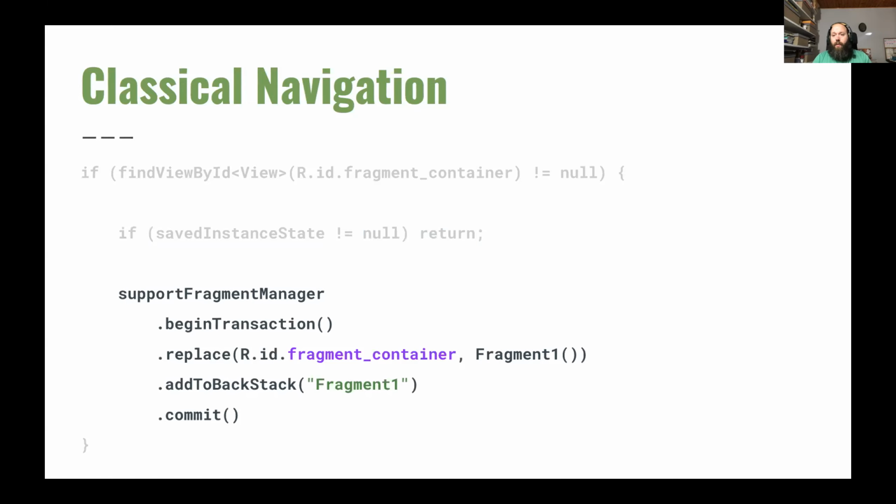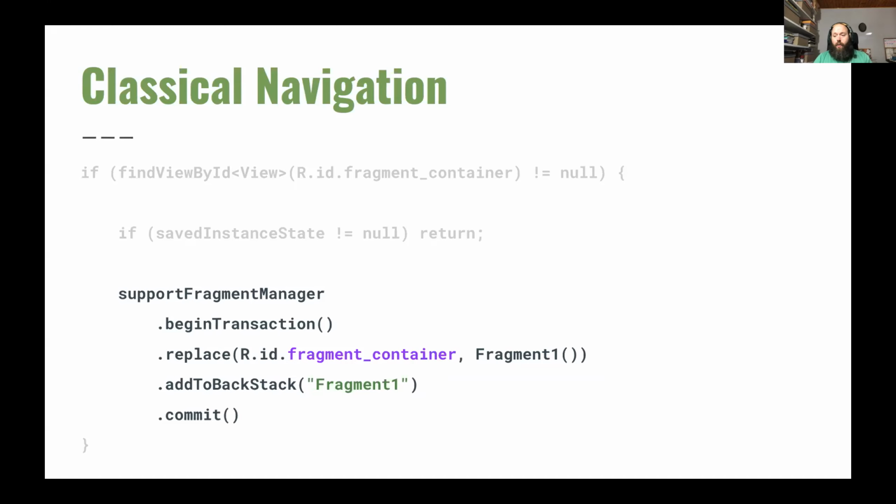Then we have to do the actual transaction. So we have to get the support fragment manager, we have to begin the transaction, we have to replace or add the fragment that we want to show in the current container. Then if we want to add it to the backstack, we must explicitly declare it. And so we basically must manage all the navigation by code.